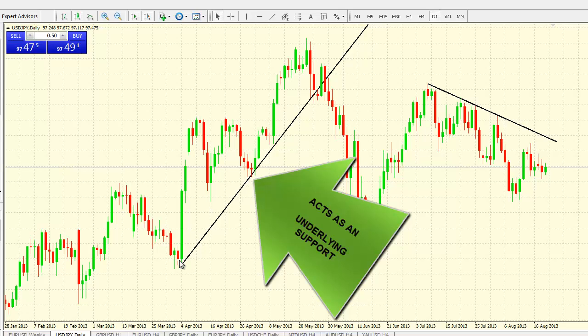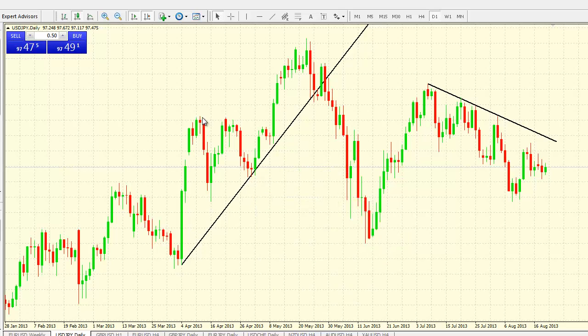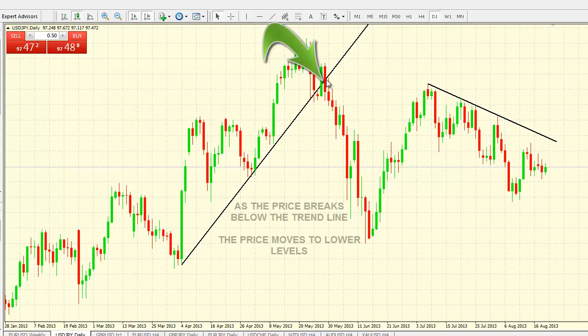As you can see, the price moved up, peaked at this point, and came down back to this trend line, took support and trended back up towards higher levels, and was back again close to the trend line. At these points, the trend line continued to act as the underlying support. Once the price breached the trend line from above, the price direction reversed towards lower price levels.